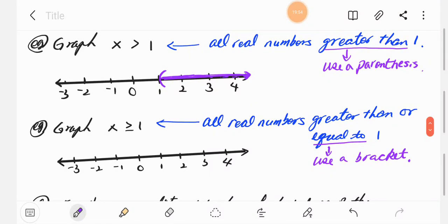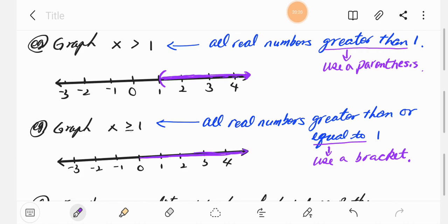How about this? x is greater than or equal to 1. There are two conditions. Greater than 1 means the numbers x lie right of 1, so put a bold line on the right side of 1.